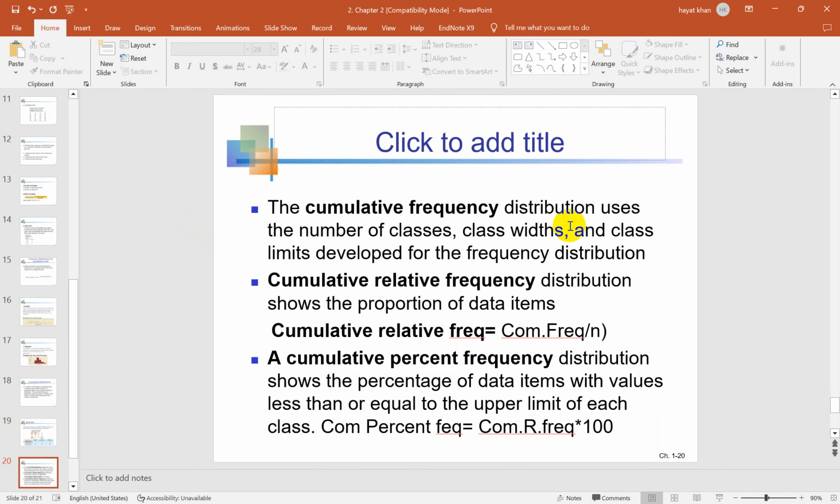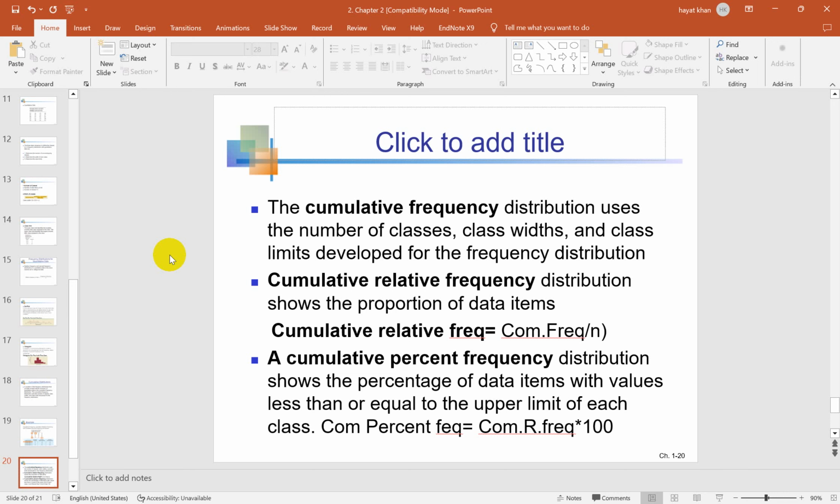A cumulative frequency distribution uses the number of classes, class width, and class limits developed for the frequency distribution. The cumulative relative frequency distribution shows the proportion of data items. So cumulative relative frequency is equal to cumulative frequency divided by n.